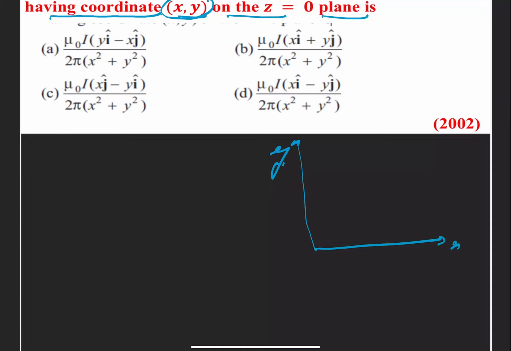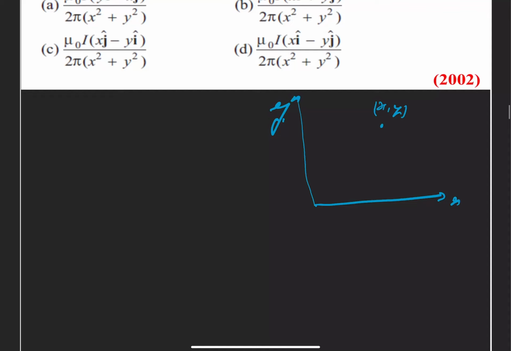Let us suppose this is our coordinate x, y, and we have a conductor carrying current in the negative z-axis.